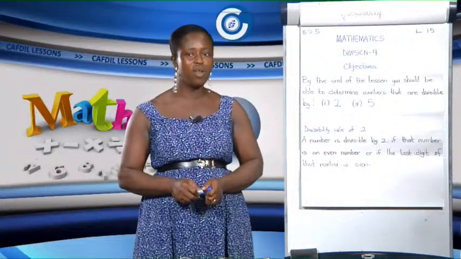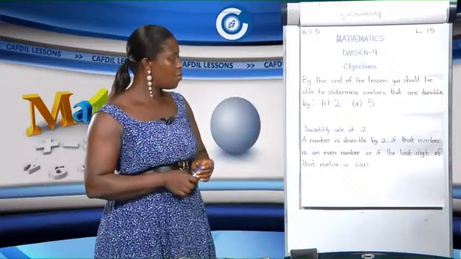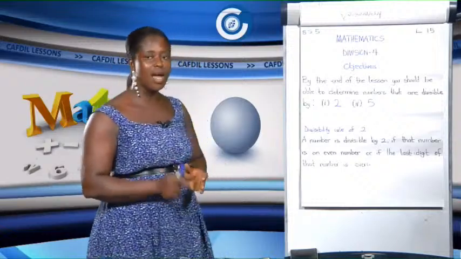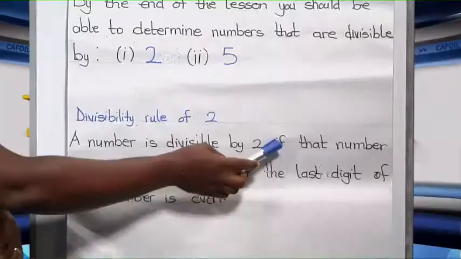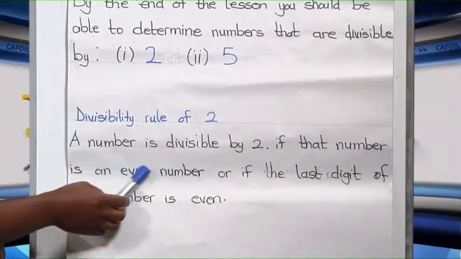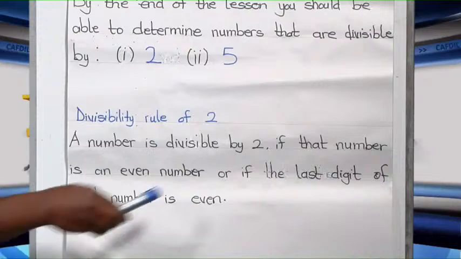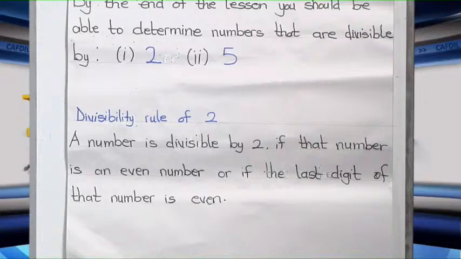It says a number is divisible by 2 if that number is an even number, or if the last digit of that number is even. Go for those with more than 2 digits.